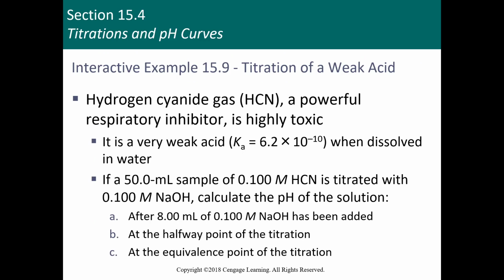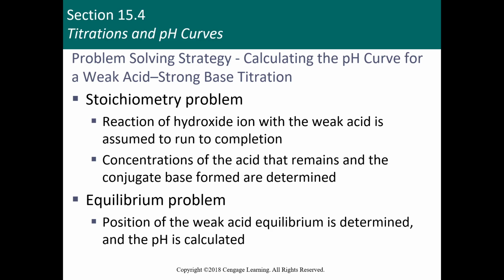So one of the ways you might want to think about a weak acid being neutralized by a strong base in titrations is, you have a weak acid, right? What happens when you convert some of that to its conjugate base? Well, you have a buffer, don't you? And so the first part of these problems is actually really a buffer problem.